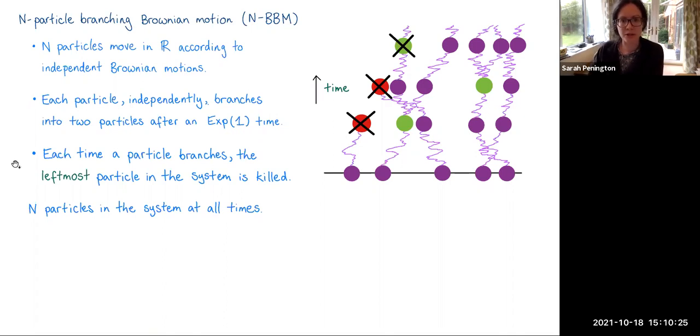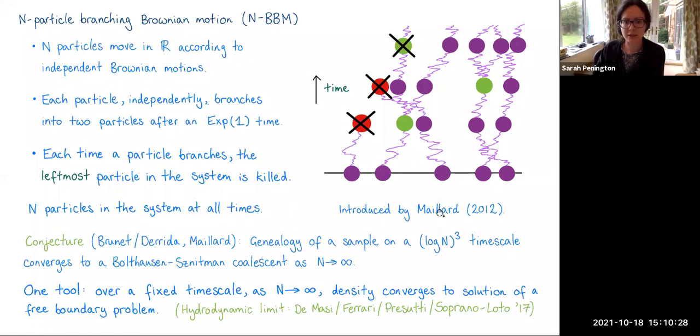So this model was introduced by Pascal Maillard in 2012. It's a natural continuous time analog of the N-particle branching random walk and other branching selection systems. And the conjecture, which is due to Brunet and Derrida and also to Pascal Maillard, is that if you take a sample from the NBBM at a large time, and then you look at the genealogy of the sample on a log n cubed timescale, then that is conjectured to converge to a Bolthausen-Sznitman coalescent as the number of particles n goes to infinity.